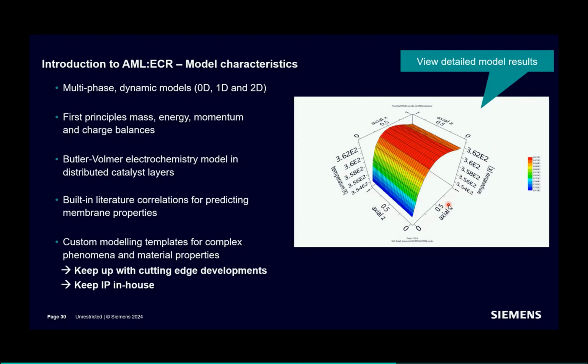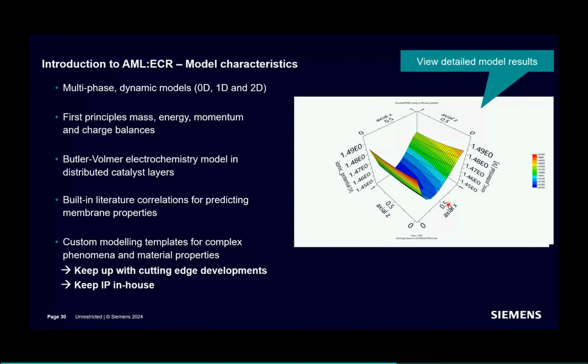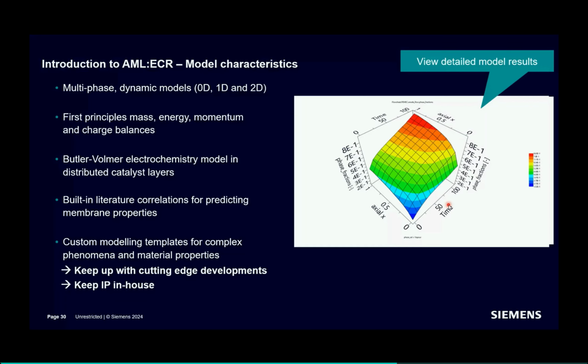Another example is the temperature, then the ionic potential. And if we move into the flow channels, here you have an example of how the vapor phase fraction evolves along the length of the channel and throughout the simulation time.